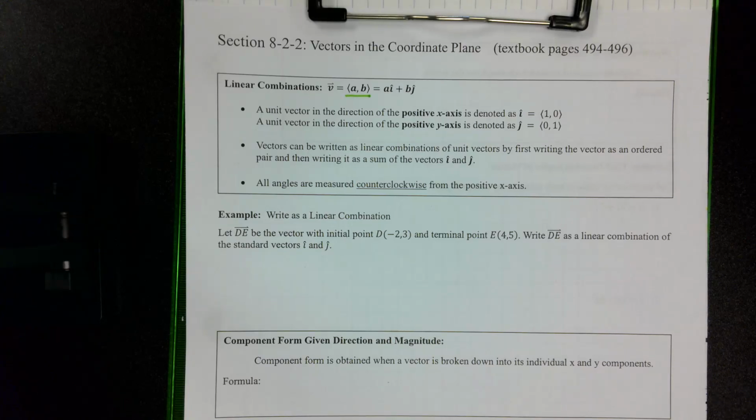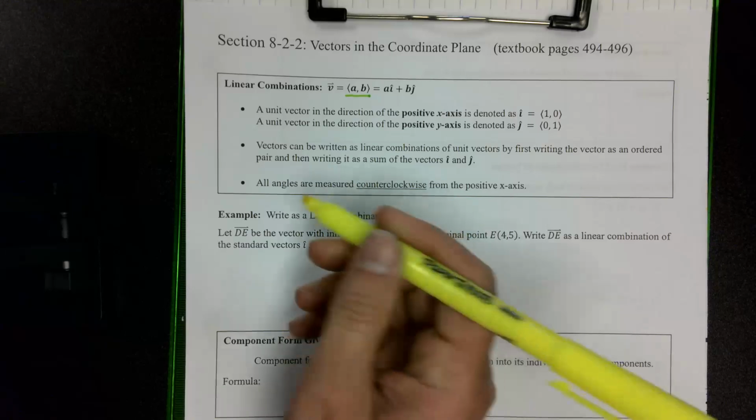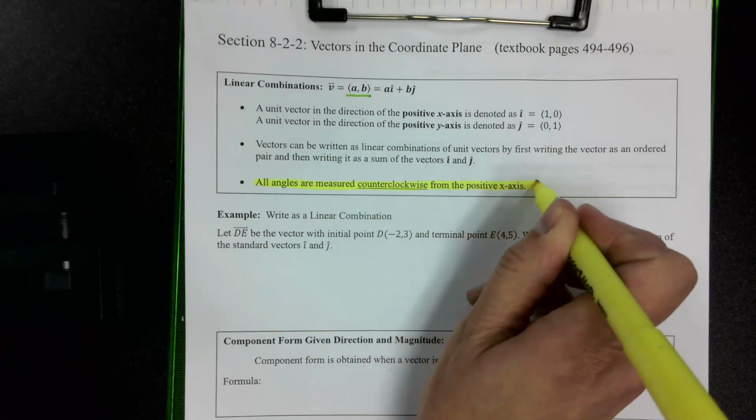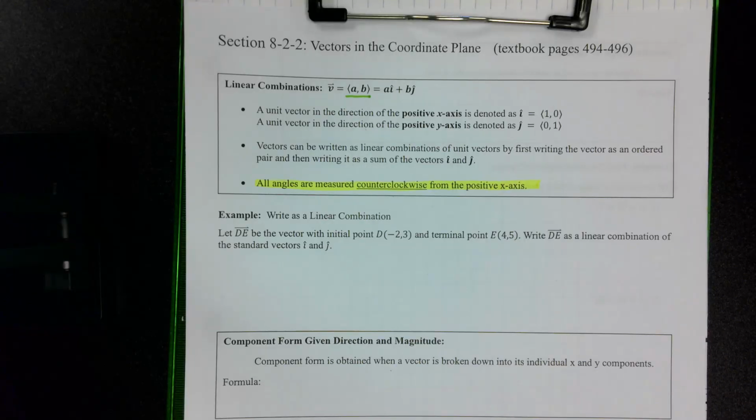All right, so one big thing that I know can be confusing because we keep going back and forth: we're going back to when we were on the trig unit circle, and all of our angles were measured counterclockwise from the positive x-axis. So anytime we're doing more math focused work, not talking about directions like north, south, east, west, so nothing to do with the map, we're going to rotate counterclockwise.